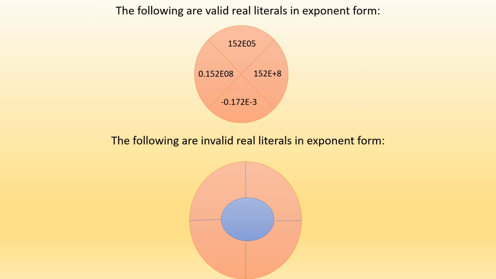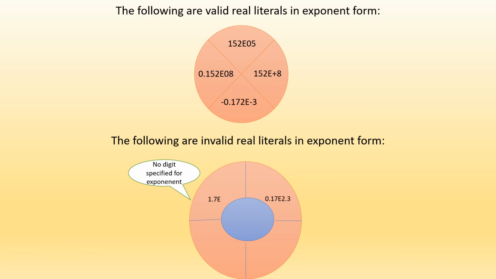Let's just discuss some of the invalid real literals with their reasons also. First one is 1.7e. Can you guess the reason for the invalidity? No digit is specified for the exponent. That means after e there is no digit, so this is an invalid real literal.